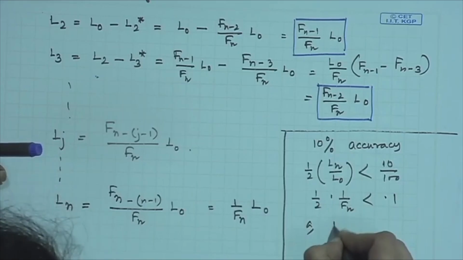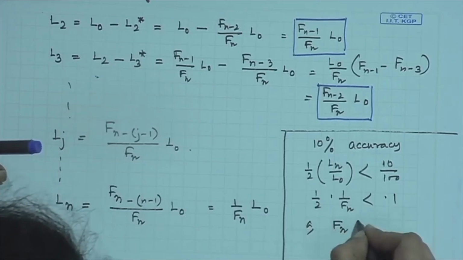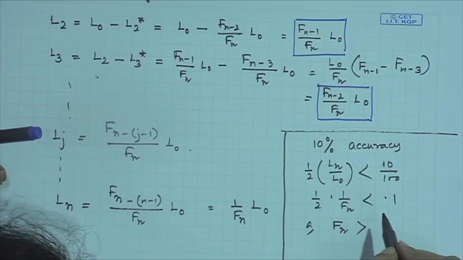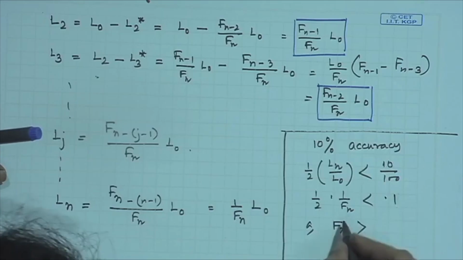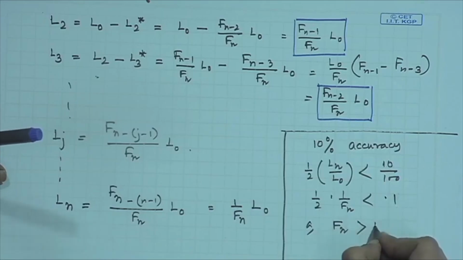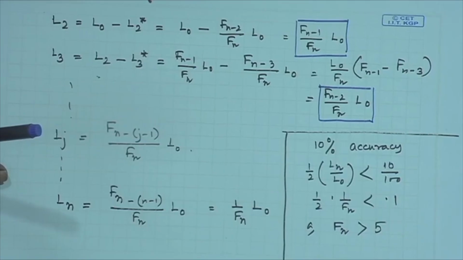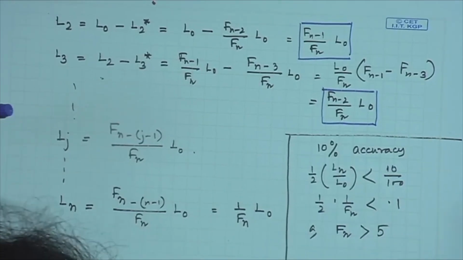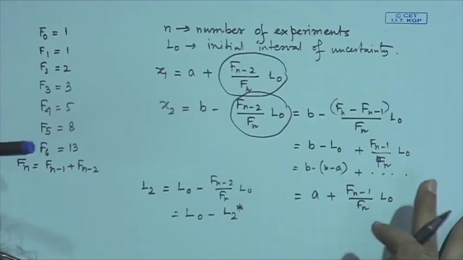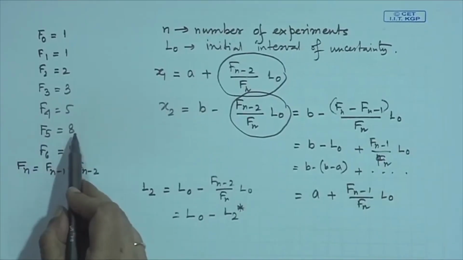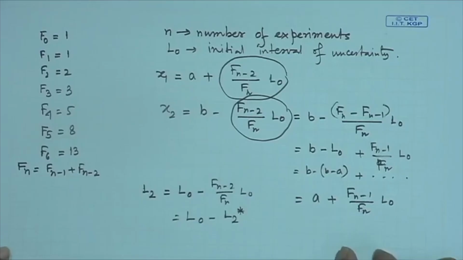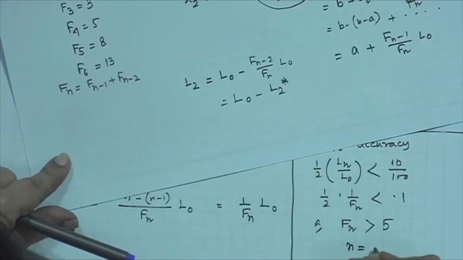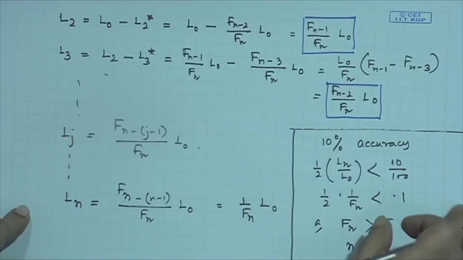In other words, Fn must be greater than 5. Now, what is the minimum n to get Fn greater than 5? n is equal to 5. That is why I have to do 5 operations.